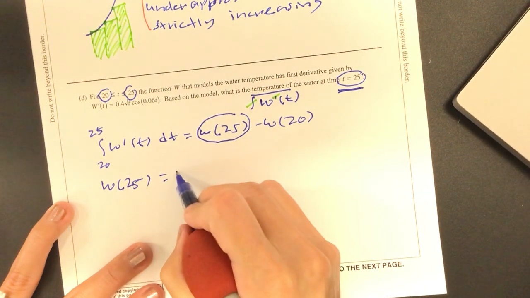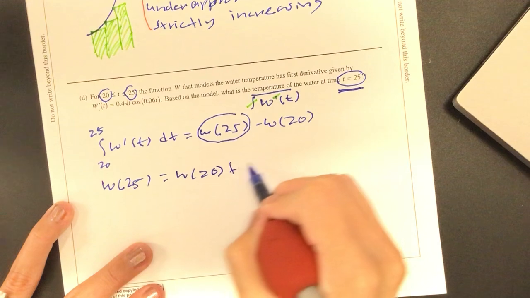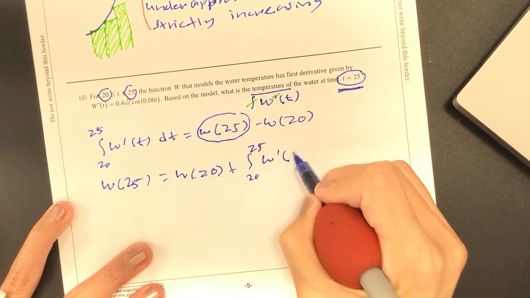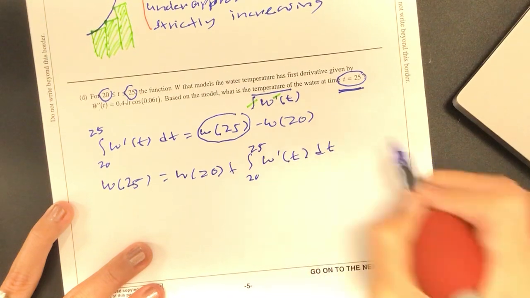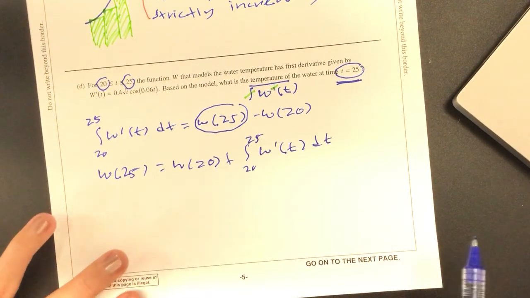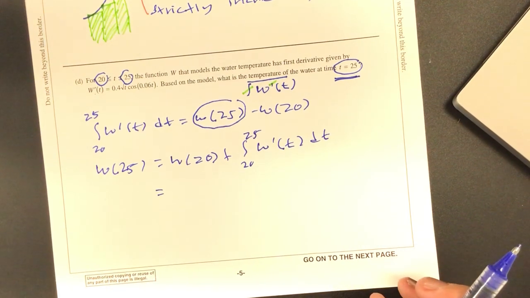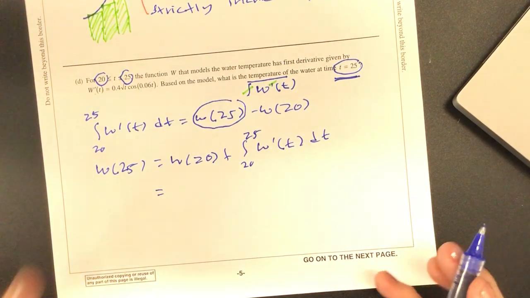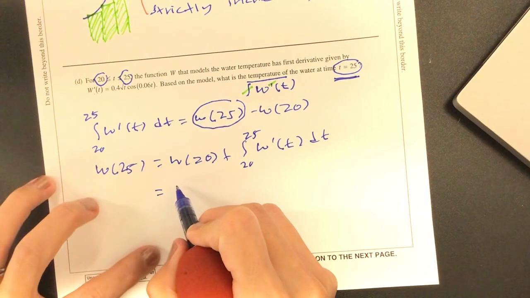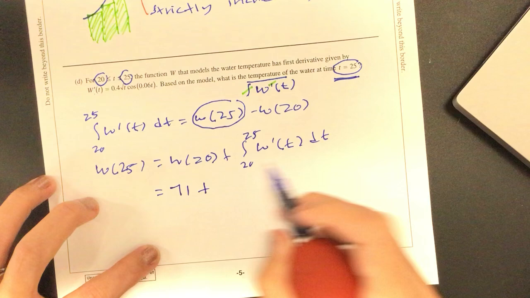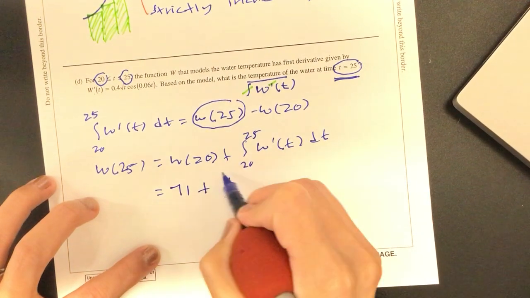So that's going to give me W of 20 plus the integral. And then from here, it's going to be pretty simple. On our table, Andrew, what does W of 20 say? 71. And then we're going to use our calculator for the next one because we have the function of W prime.